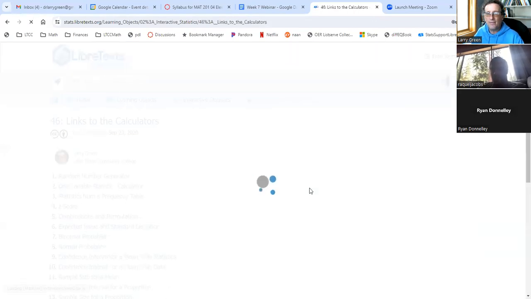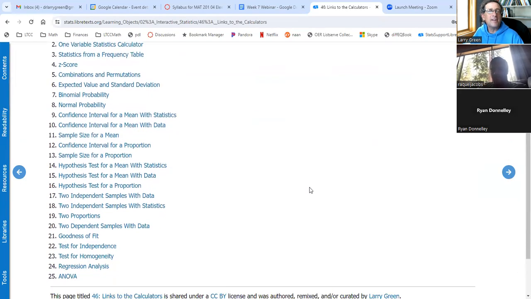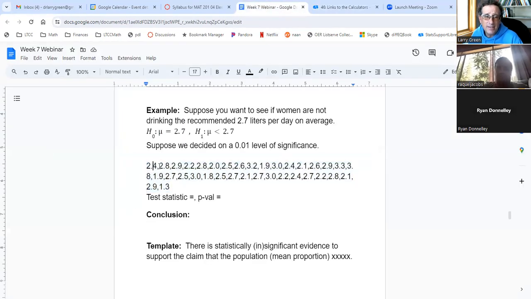Let's go back to the calculator. Which calculator do you think I need to use now? Is it a proportion? Look at our data. 2.4 was the answer to the first survey question, not a proportion. Does that make sense? This is quantitative. It's a bunch of numbers.